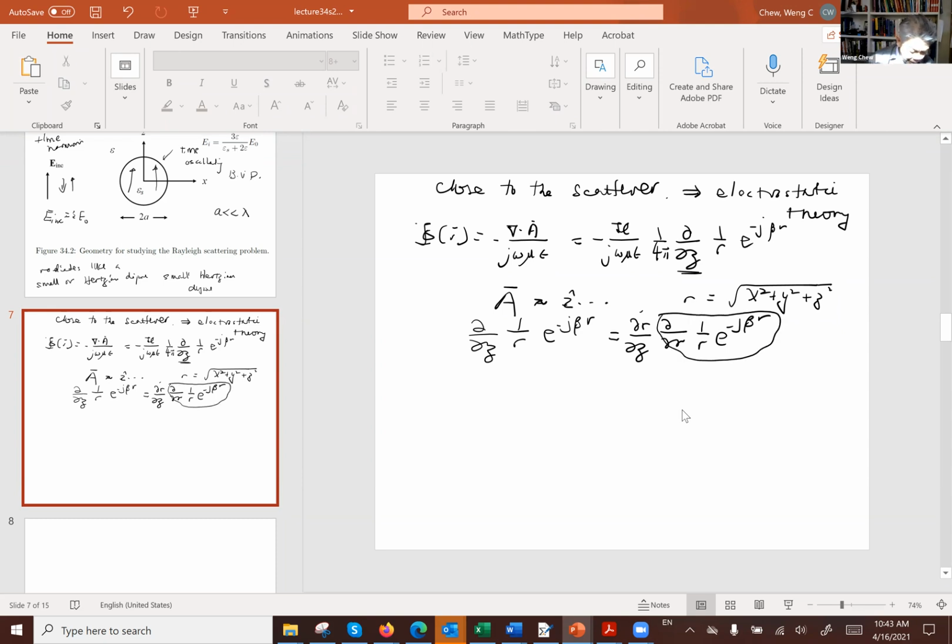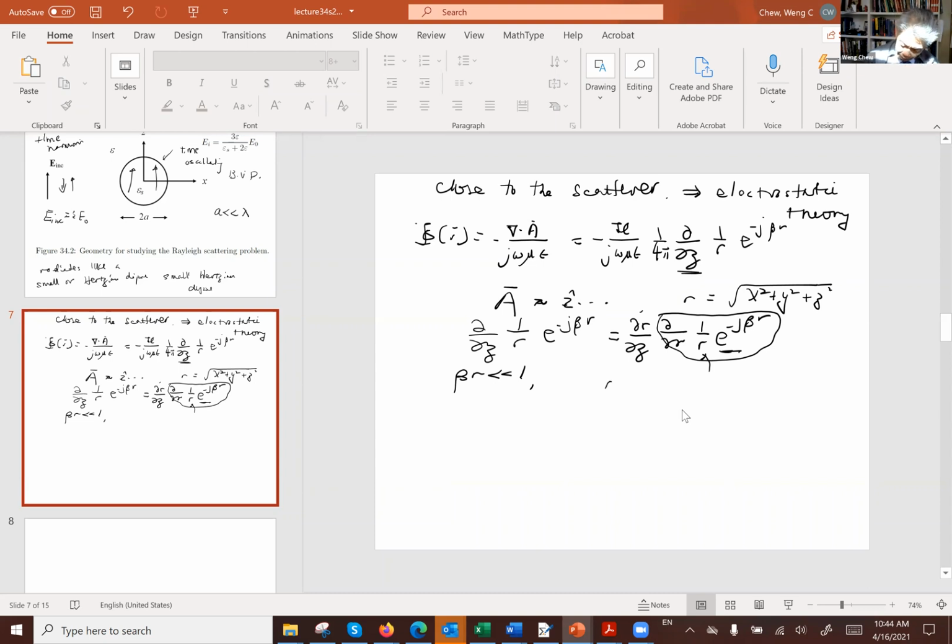Let me make an approximation that I'm in the near field, so that beta R is much less than 1. Hence when I differentiate this, the dominant variation is coming from here, because in the near field, this term is going to be small. The dependence on this term is going to be very weak, or in other words, beta R is very small.